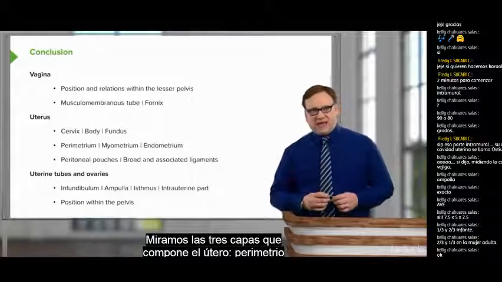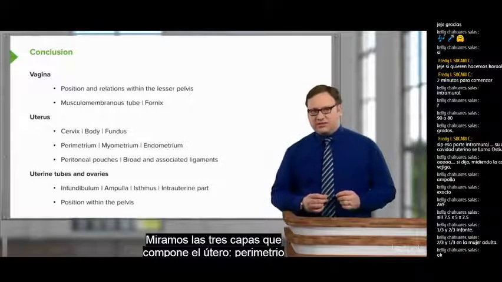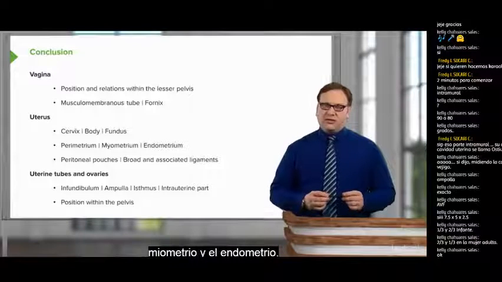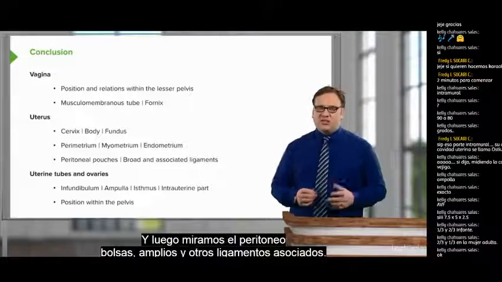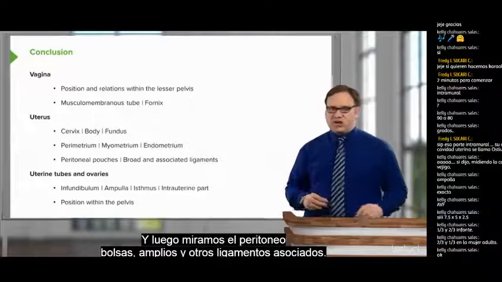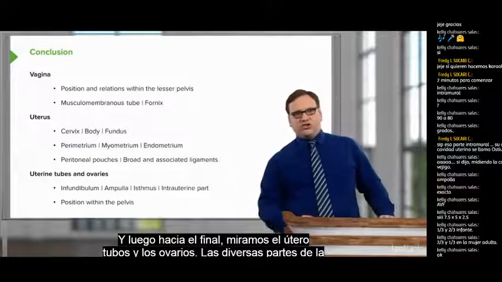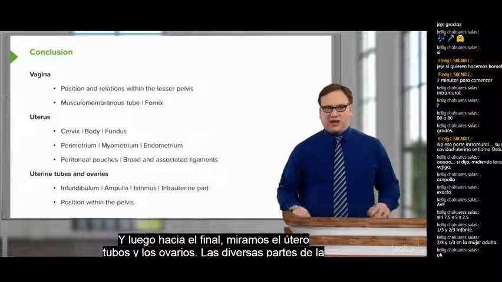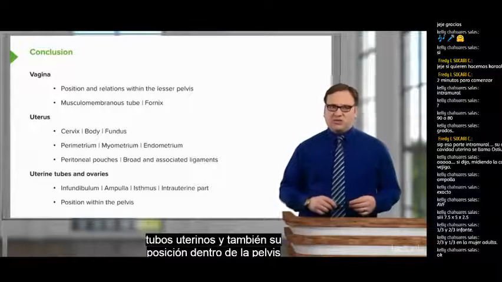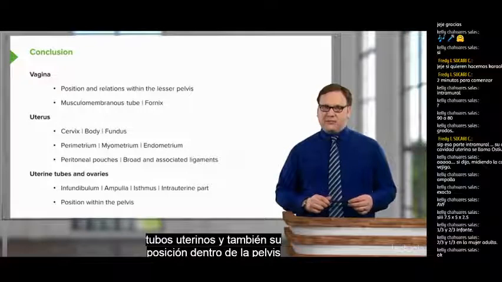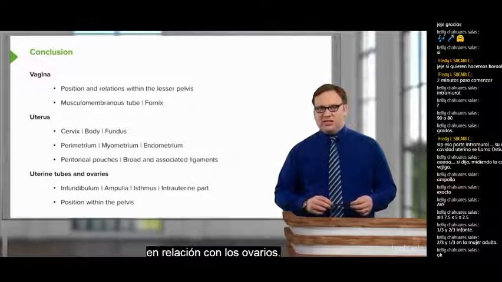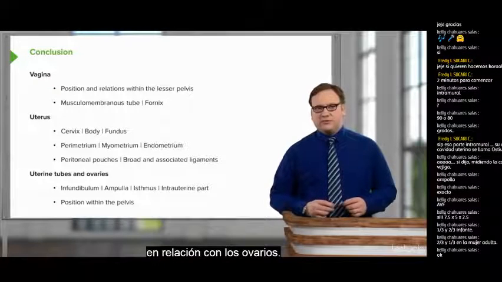We looked at the three layers that make up the uterus, perimetrium, myometrium and the endometrium. And then we looked at the peritoneal pouches, broad and other associated ligaments. And then towards the end, we looked at the uterine tubes and the ovaries, the various parts of the uterine tubes, and also their position within the pelvis in relation to the ovaries.